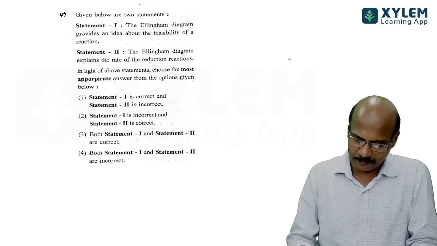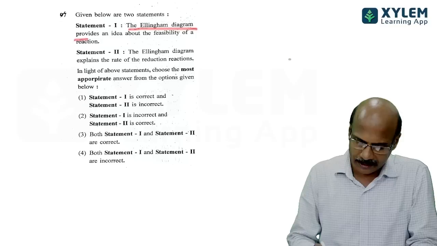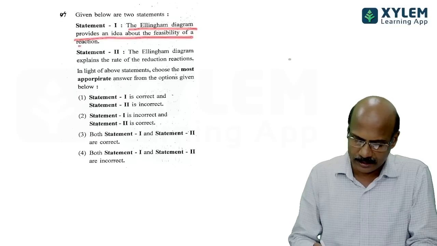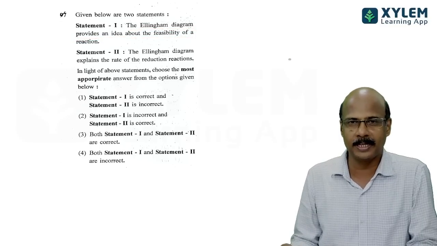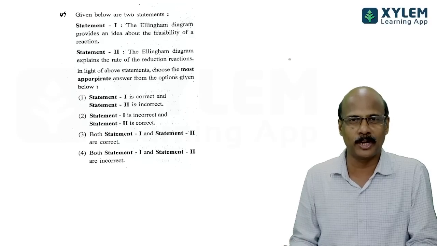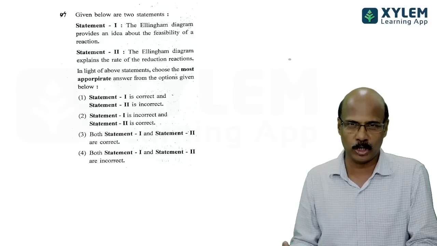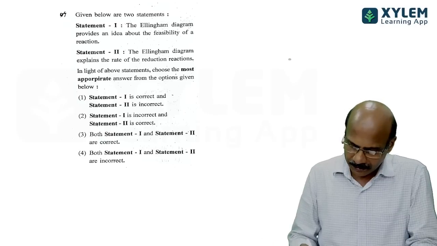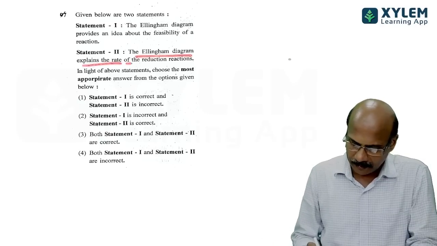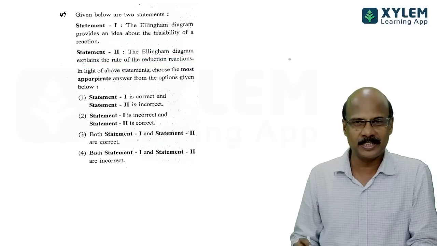Question number 97. The Ellingham diagram provides an idea about the feasibility of a reaction. No doubt, we know that the Ellingham diagram is purely based on thermodynamics. It will predict whether the process is feasible or not, whether it is spontaneous or not. So that statement is correct. The Ellingham diagram explains the rate of reduction reaction. Not correct.